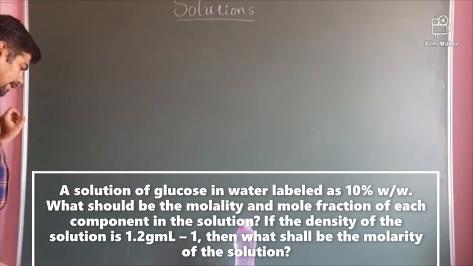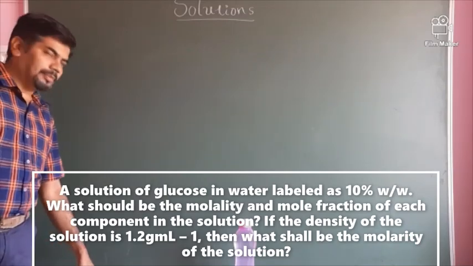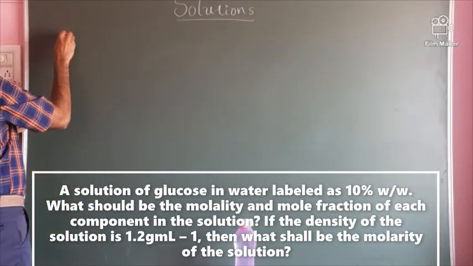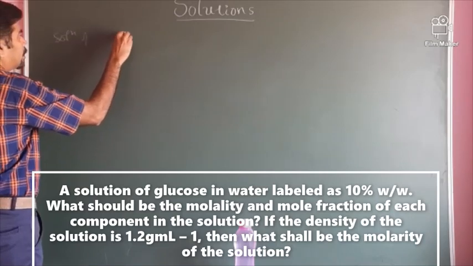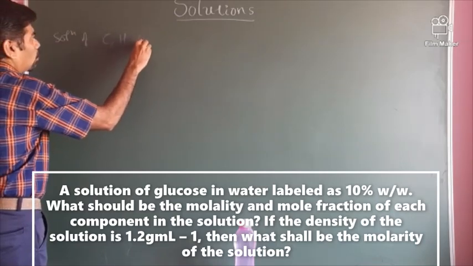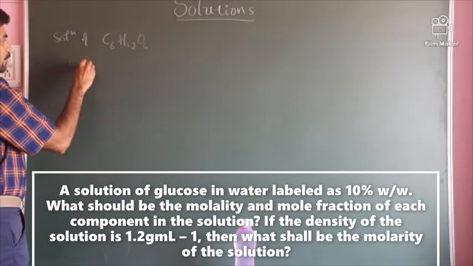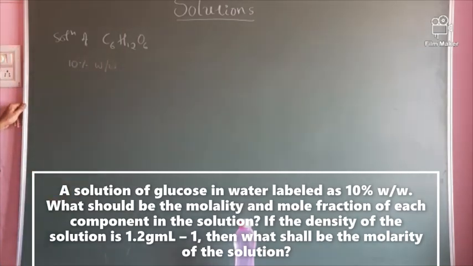The question reads: a solution of glucose in water, that is C6H12O6, is labeled as 10% mass by mass, that is 10% weight by weight. This is the concentration mentioned in terms of weight by weight.